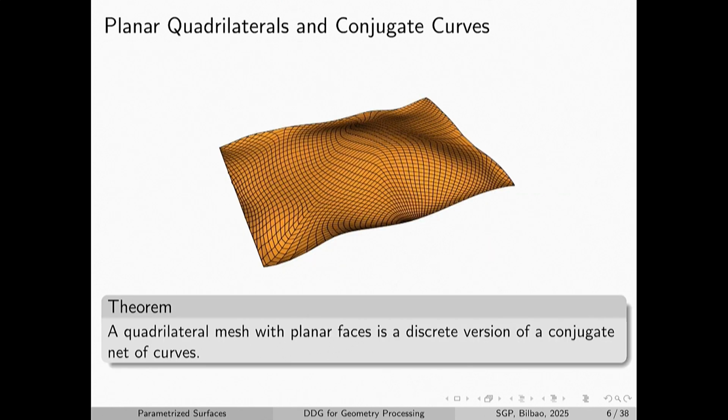And here, discrete differential geometry comes to help, because we know that a planar quad mesh is the discrete version of a conjugate net of curves. So we know which smooth curves to look for in our shape, and then we can just sample them and start our optimization from there.